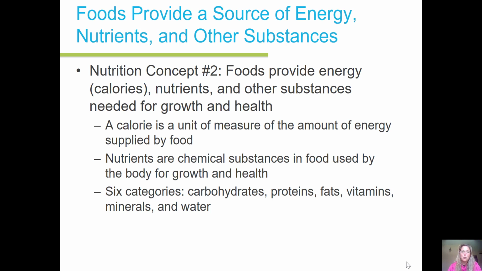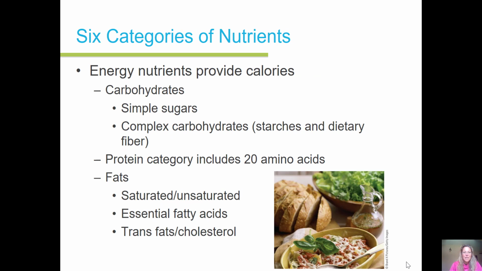Again, in the world of nutrition, energy comes in the form of a calorie, so keep that in mind. Vitamins cannot produce energy, even though we hear that at certain points through marketing. Your energy-requiring nutrients are carb, protein, and fat.